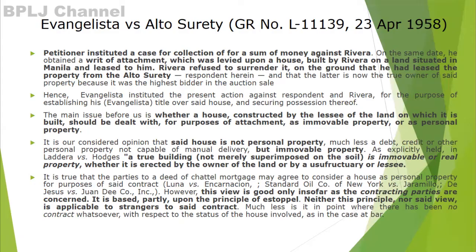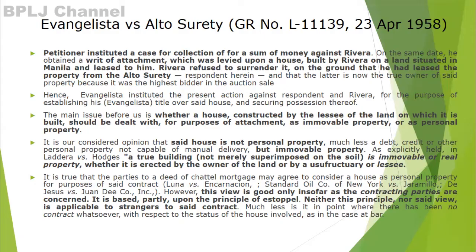Again, this is a reiteration of the case in Becerra versus Tinesta, that regardless of the person who built on an immovable, as long as it is immovable by nature, such as a building or a construction which is adhered to the soil, it is immovable.